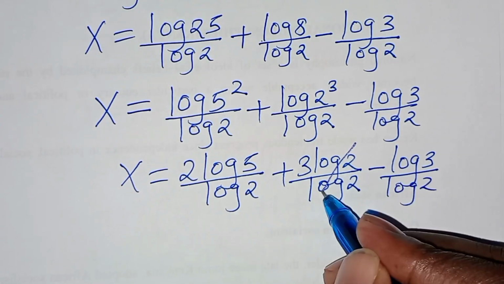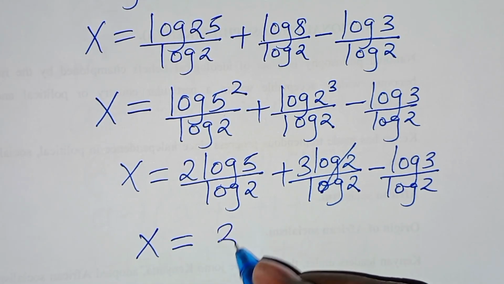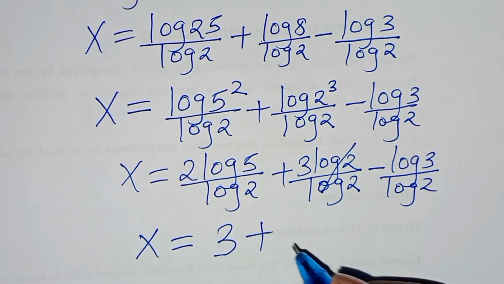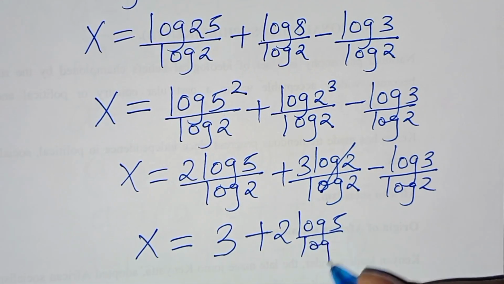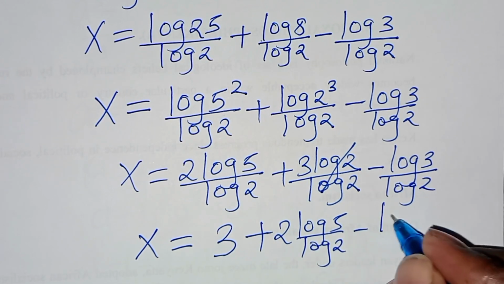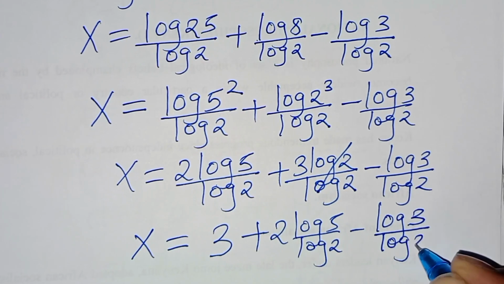So log 2 and log 2 simplifies so that now x is equal to 3 plus 2 log 5 divided by log 2, subtract log 3 divided by log 2.